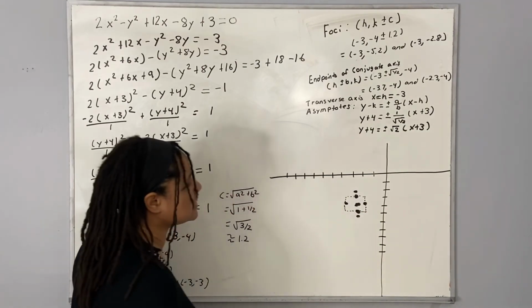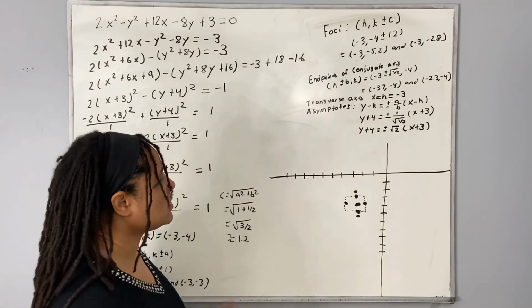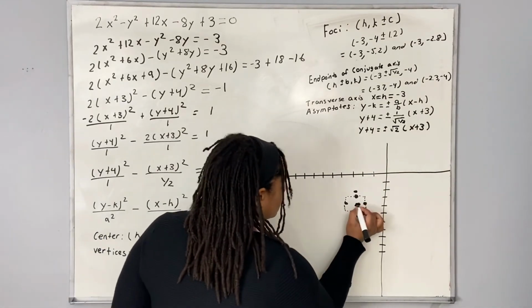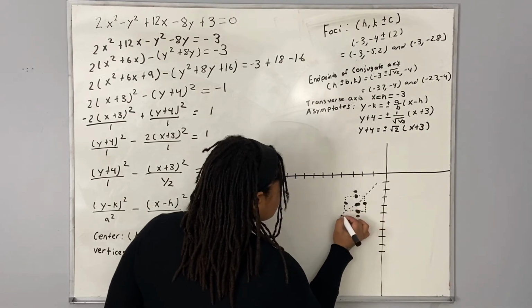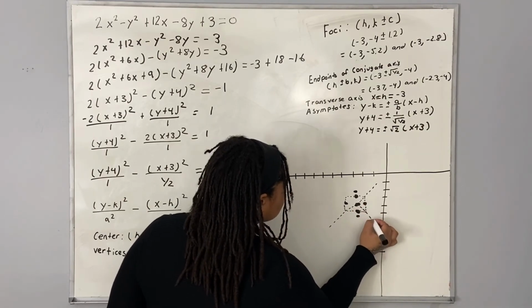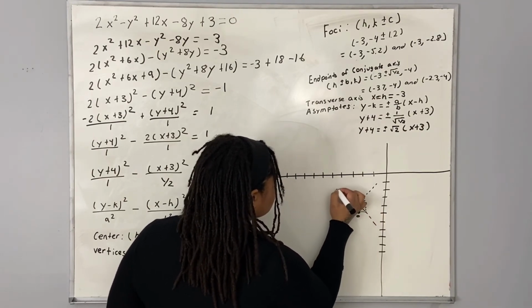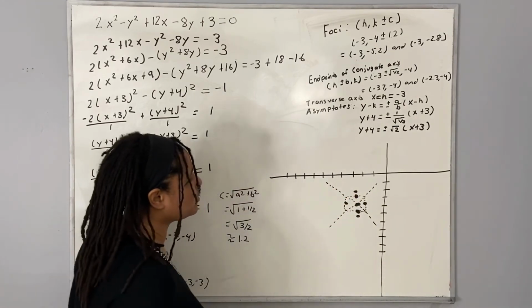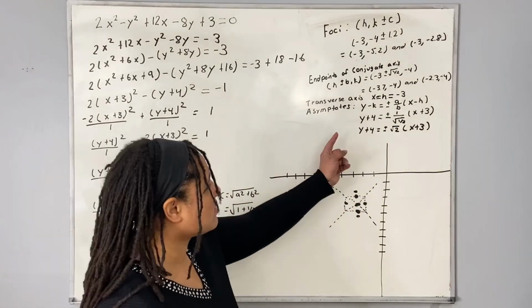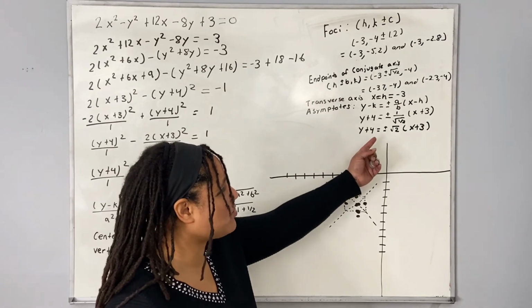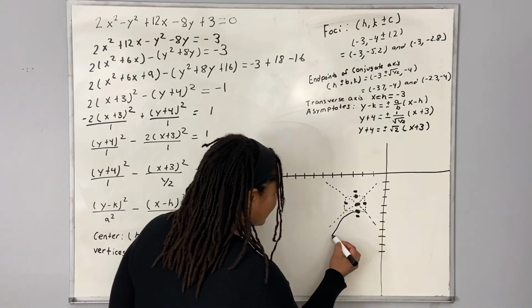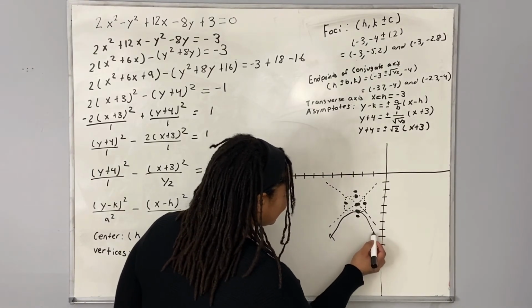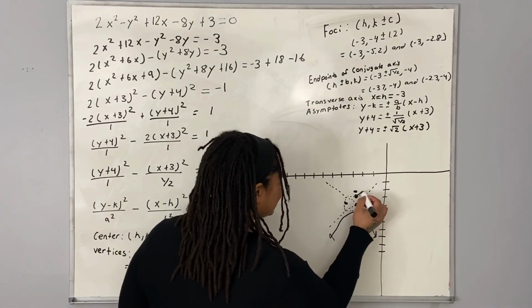And interestingly, our asymptotes will go along the corners of the box, which is pretty cool because that is the equation that we derived previously. So now we're just going to draw our graph out like that, okay?